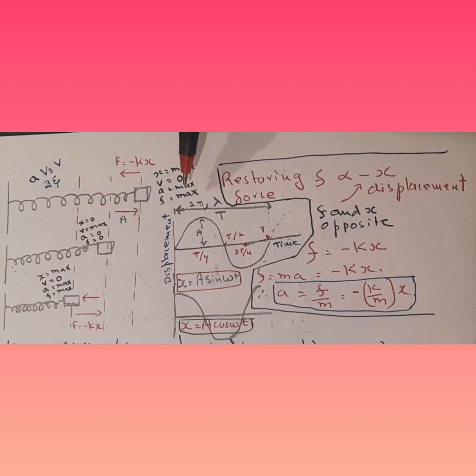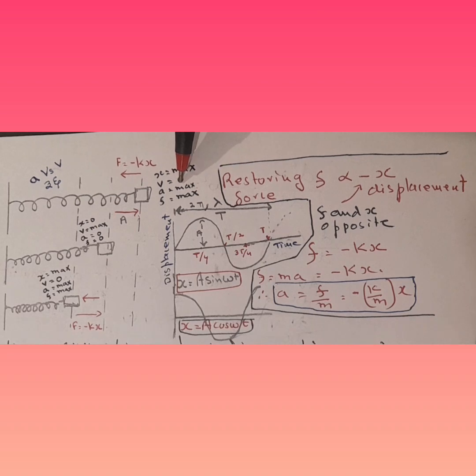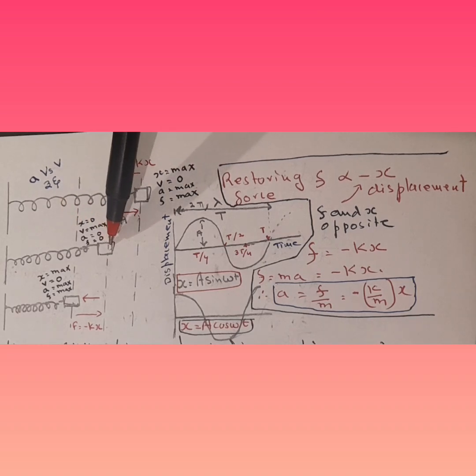Now, the way to keep it in mind: here we know velocity was 0, so in the mean position velocity would be maximum. I again repeat, this is just a way to keep it in mind. These things we will prove theoretically and derive later on.